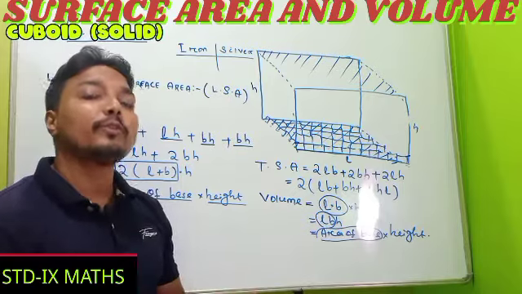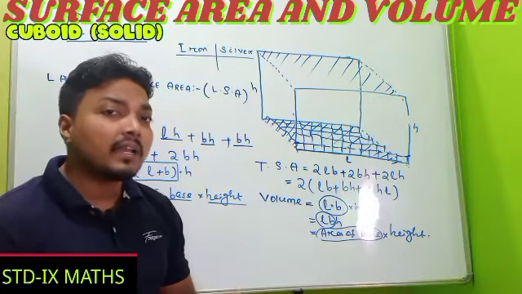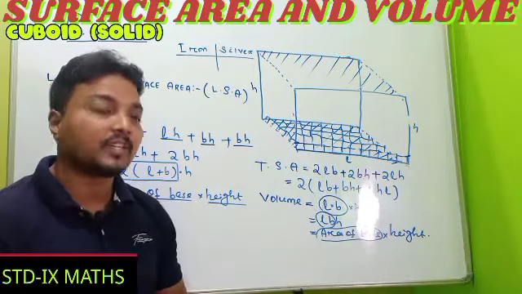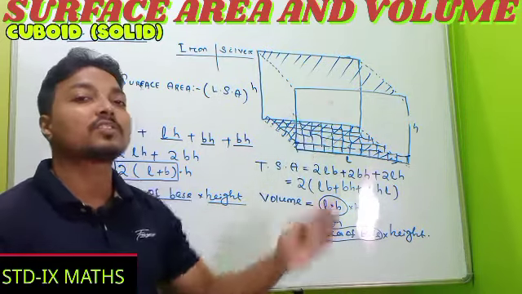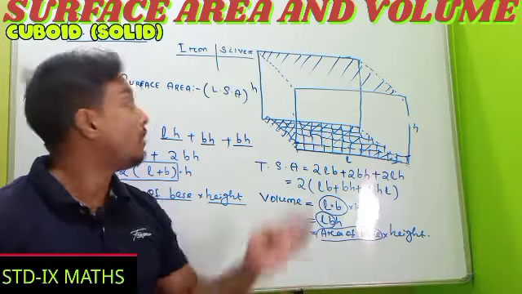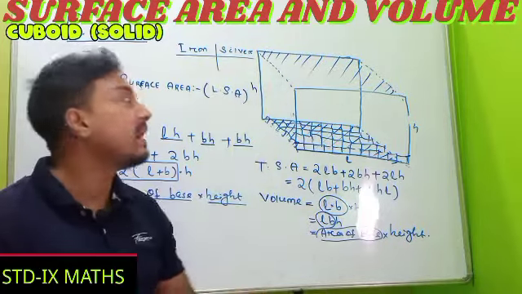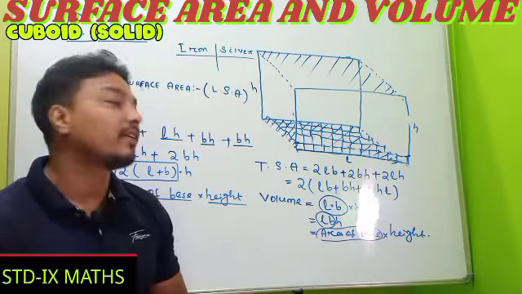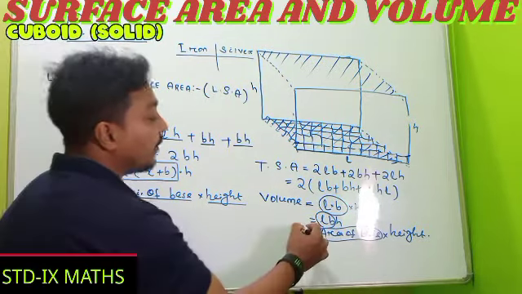One is asking you to make this type of structure, how much iron is to be required and how much silver is to be required. So in such a case, first you have to find out the volume.